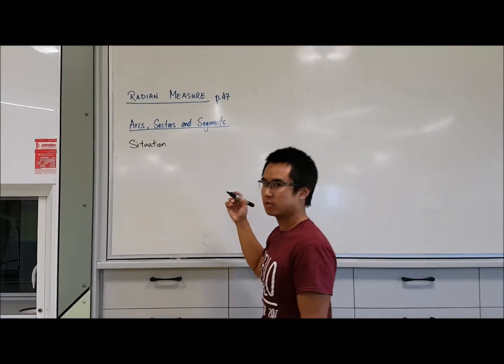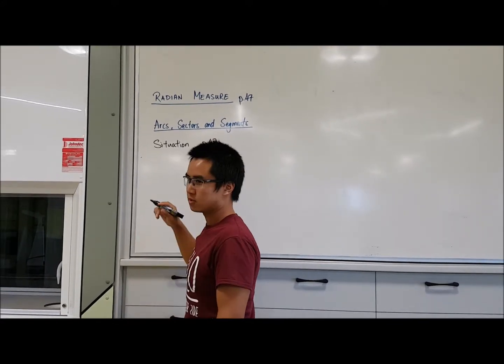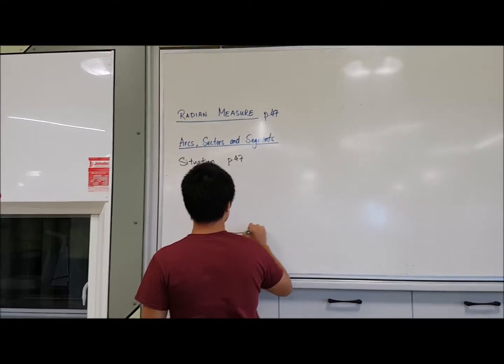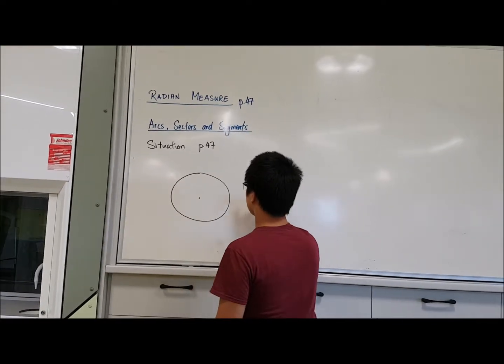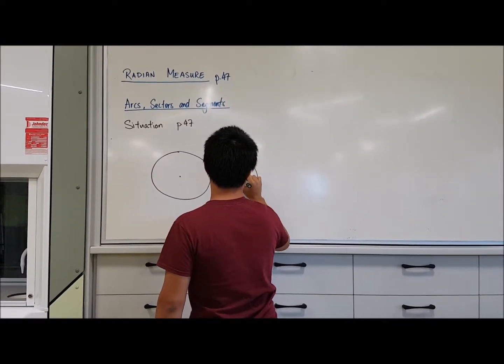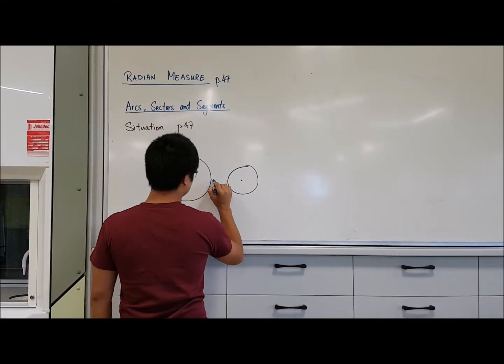So picture a situation, this is on page 47 of your textbook, where you have to design part of a machine which involves two pulleys. So a large circle and a smaller circle. And they're separated by 2 centimeters.